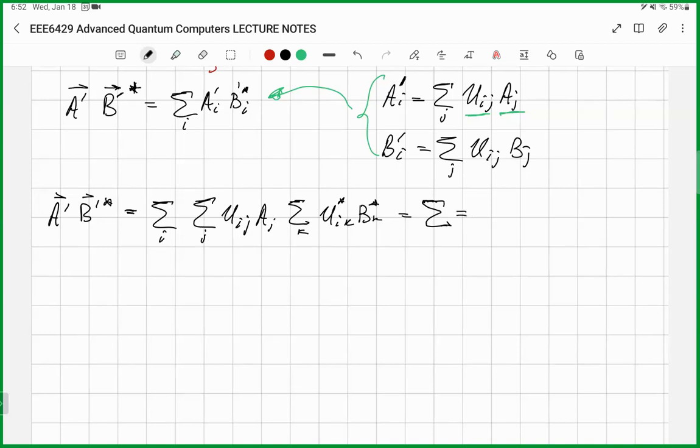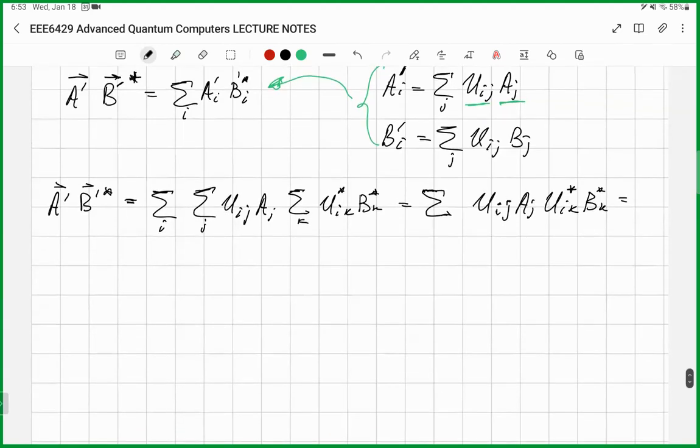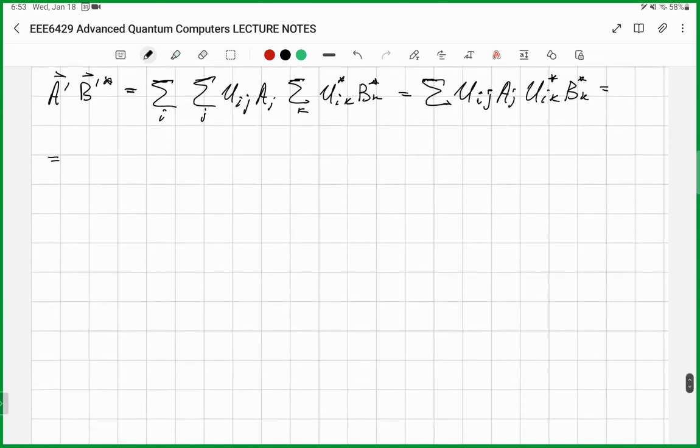So now I can write it this way. I simply rewrite this string here: U_ij A_j, then U_ik B_k complex conjugate. Very good.